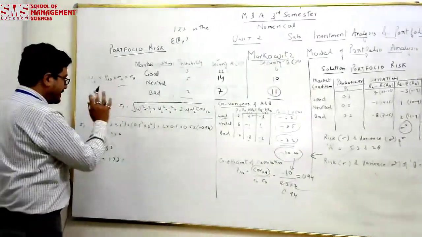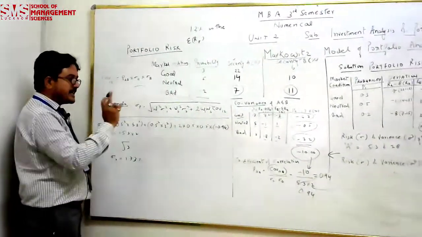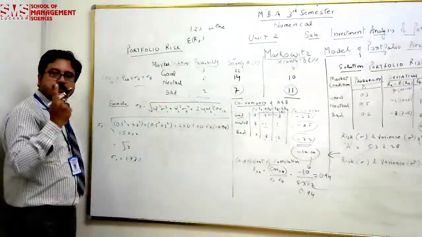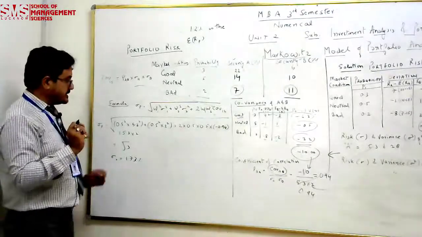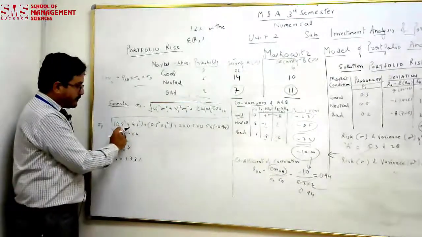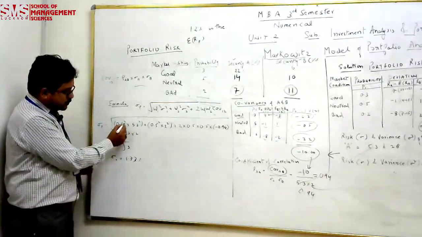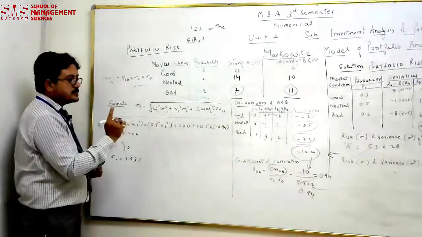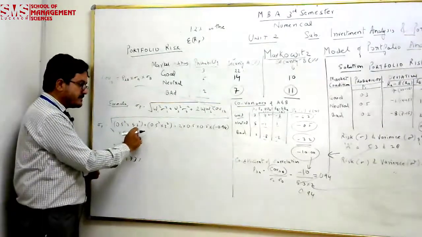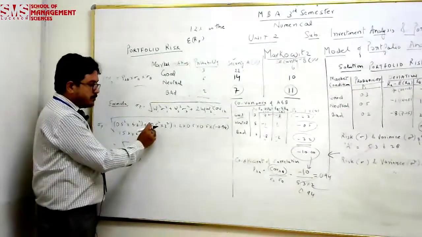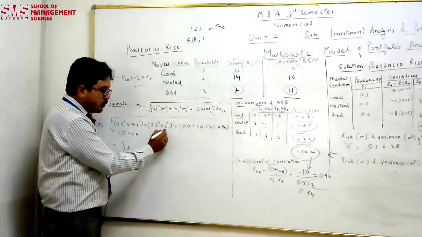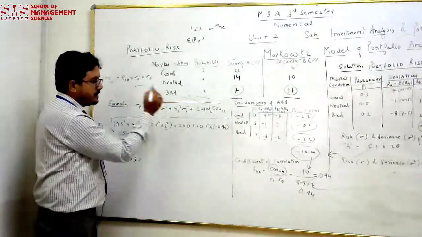Here the formula is given. The weight, as I already told you, is 0.5 because we have only two securities. The weightage is 0.5 squared. This is the standard deviation of security A, 5.3. Similarly, 0.5 for B, and the standard deviation of B is 2, squared as per the formula.